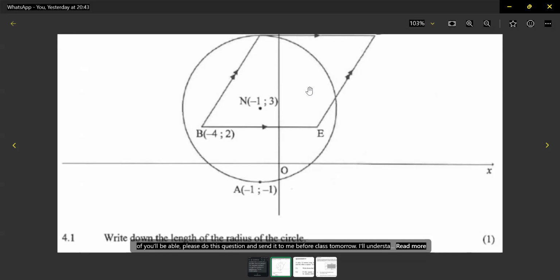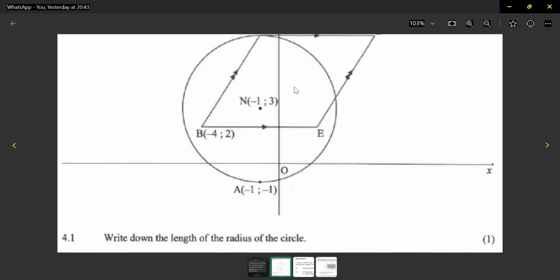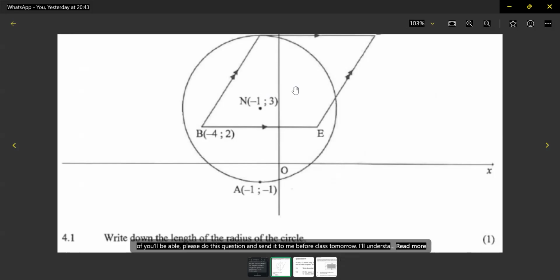It's because the x value at point A is exactly the same as the x value at point N. So it's a vertical line. Every time we want to find the length of a vertical line, we only focus on the y values. So we say the bigger y value, which is 3, minus the smaller y value, which is -1. And we find that the length of AN is 4 units. So the radius is just going to be 4 units. And then we are fine.